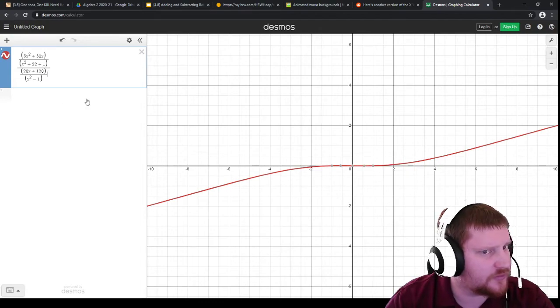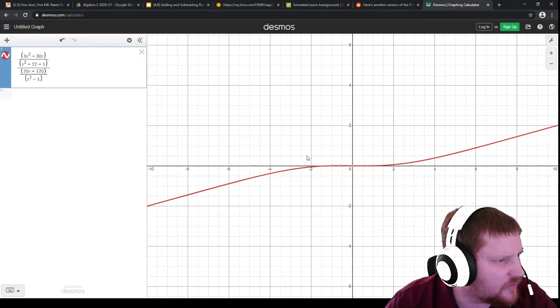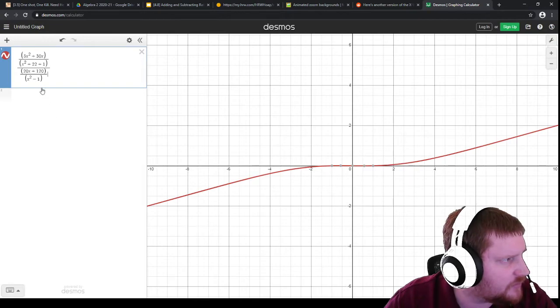Alright, so this suggests that that crosses 0 5 times, but it's really just the denominator that we're worried about where it hits 0.